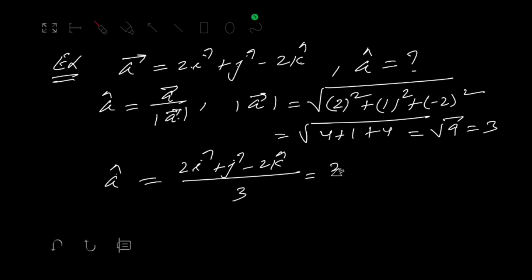We may write it as 2 upon 3 i cap plus 1 upon 3 j cap minus 2 upon 3 k cap, because 3 is the common denominator, so it will divide each and every term in the numerator. If we divide each term in the numerator by 3, we get 2 upon 3 i cap, 1 upon 3 j cap and minus 2 upon 3 k cap. So this is the unit vector along the given vector A.